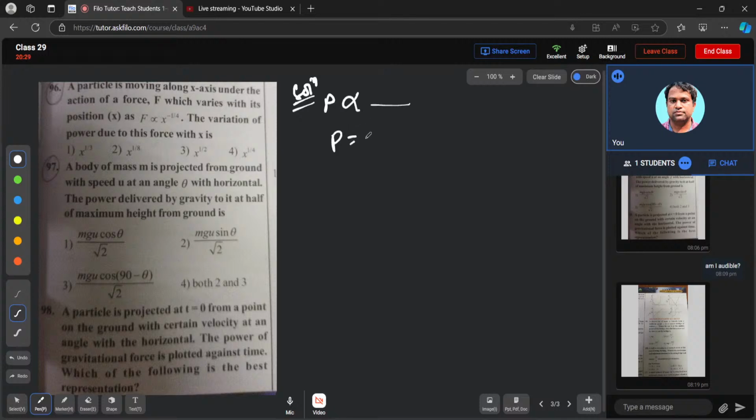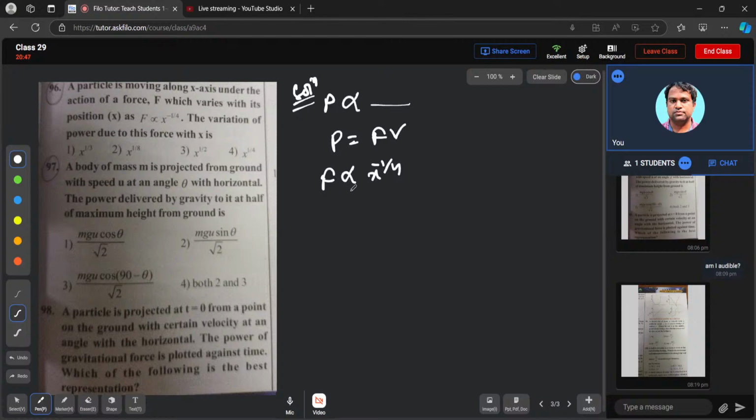So power we know is FV. Now what we'll do, given that F is proportional to x to the power minus 1 by 4.